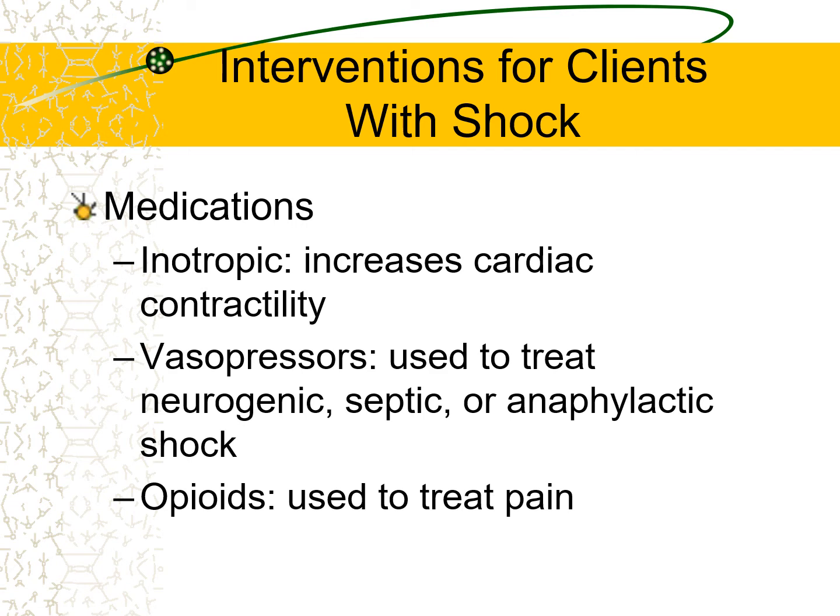Let me just mention that there is some variability when it comes to treating these different types of shock. If somebody has cardiogenic shock, the last thing we're going to do is give them lots of fluid. Because this is sort of like an end-stage heart failure. This is a heart that is not pumping. The very last thing you're going to do is give them more fluids.